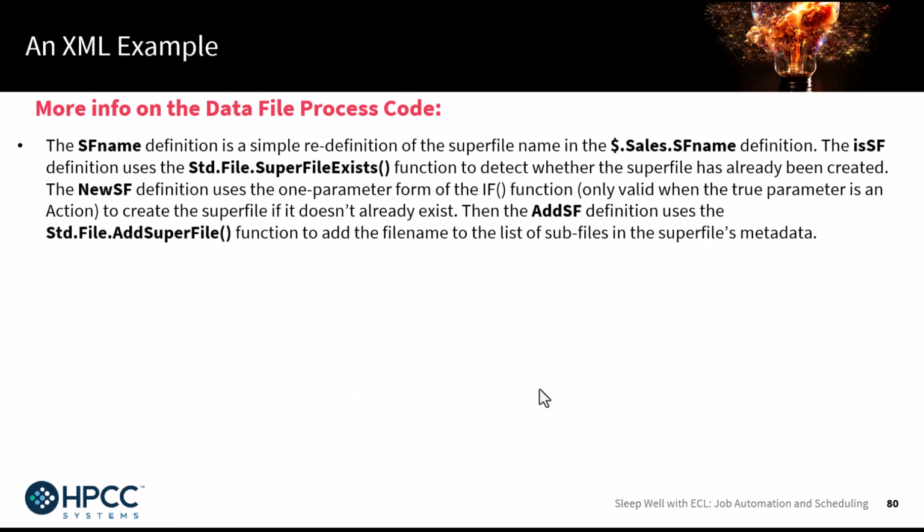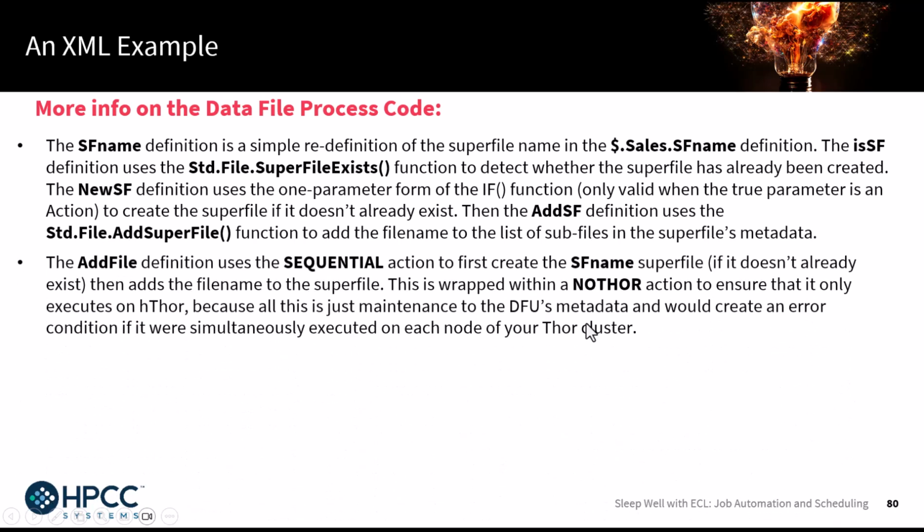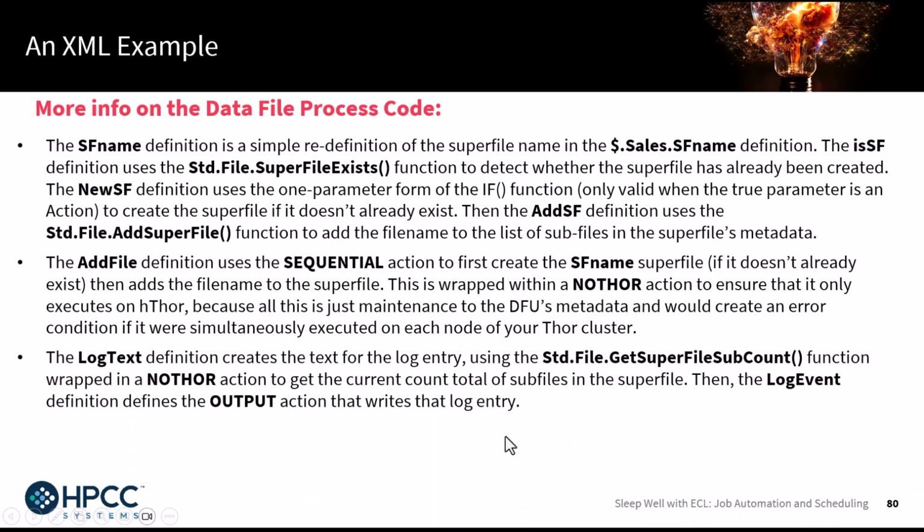All right, so then there's some information here about the super file name. Again, we detect if it exists, and that's the if that I just talked about. No reason to talk about it again. The add file definition, we talked about that using sequential, and then the log text gives us a log entry to tell us what's been happening, and there we go.